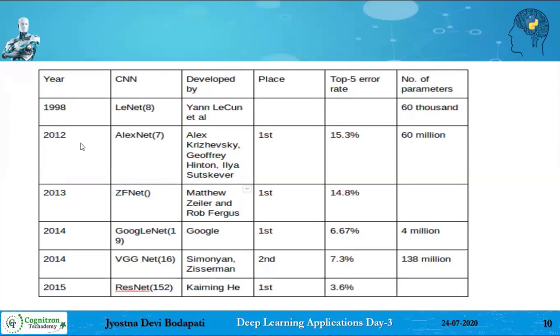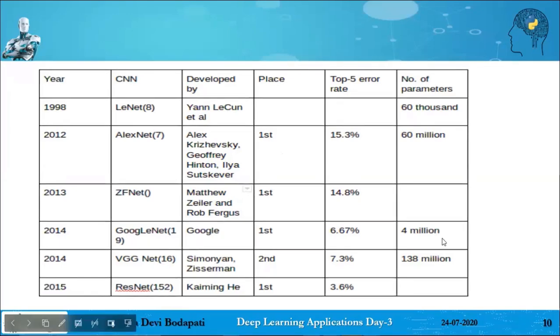Then in 2012, AlexNet was introduced and was on top of the leaderboard of the ImageNet challenge, with 60 million parameters. In 2014, two models were introduced, VGG and GoogleNet. GoogleNet had 4 million parameters and VGG had 138 million, and Google was on top again with only 4 million parameters.